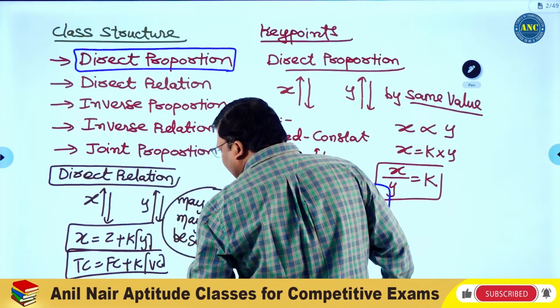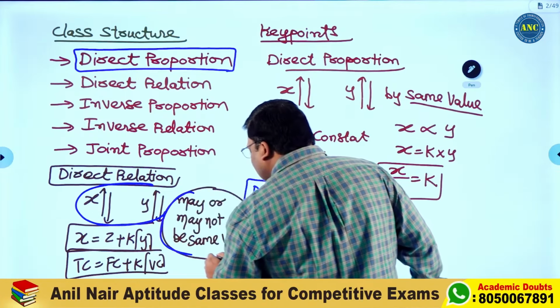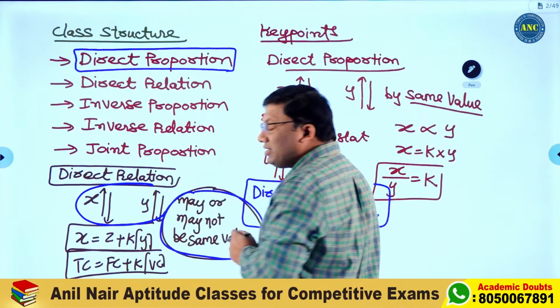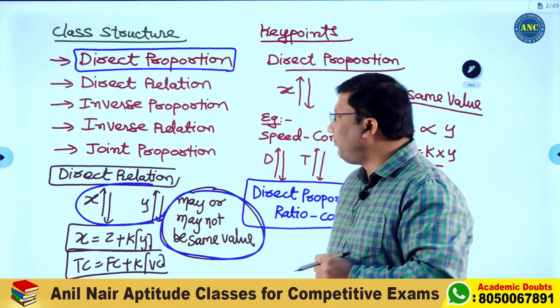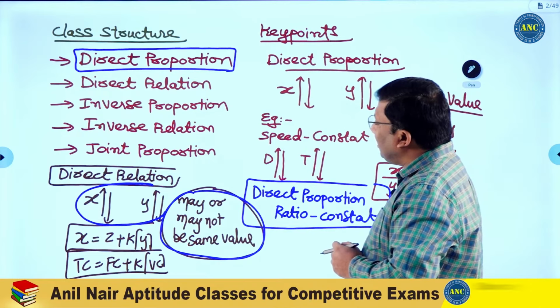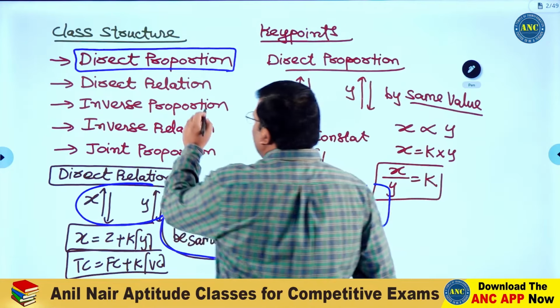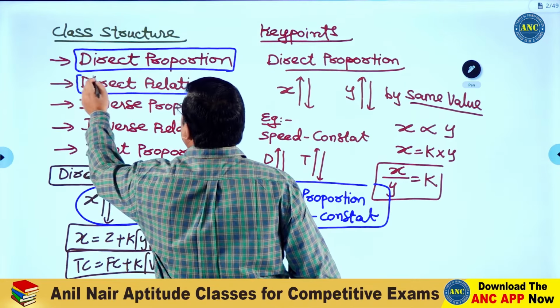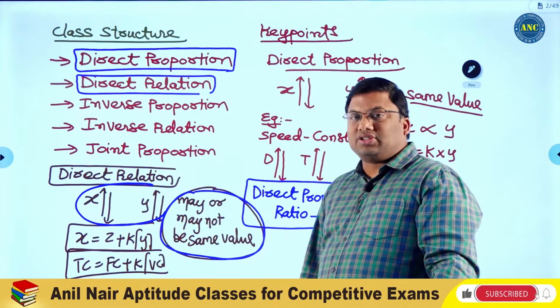I hope this idea is clear. Again I am repeating, if one increases, another increases, may not be by the same value. If one decreases, another decreases, may not be by the same value. The difference between direct proportion and direct relation, I hope is very clear to you.